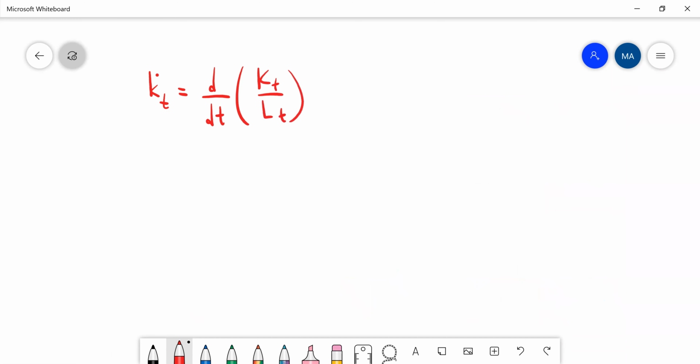K_t divided by L_t, right? By definition. So then it will satisfy this, right? The time derivative of the first one times the second one, minus the time derivative of the second one times the first one, divided by the second one squared, right? This is the quotient rule, right?